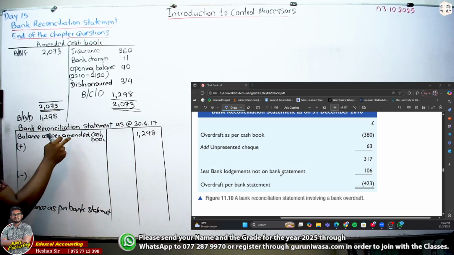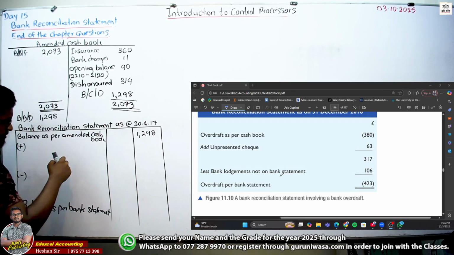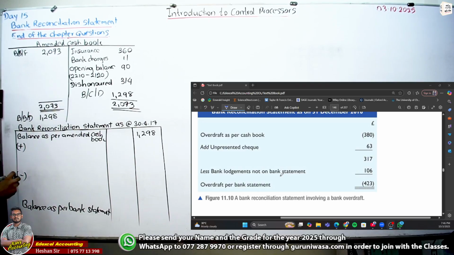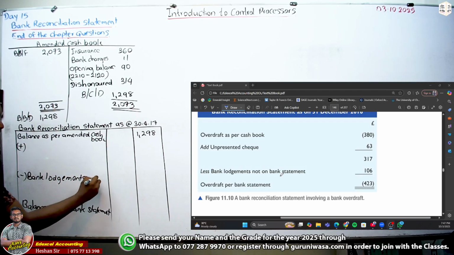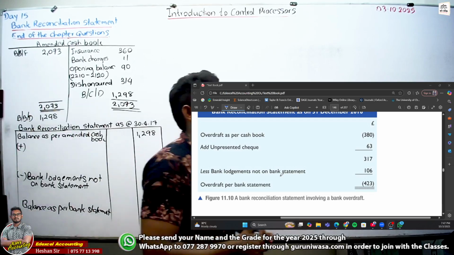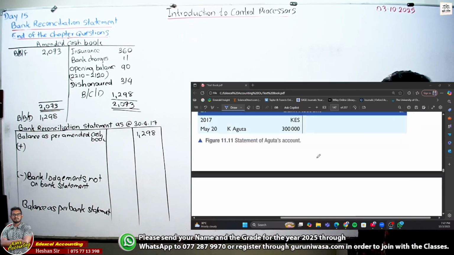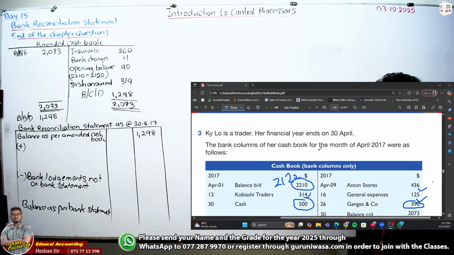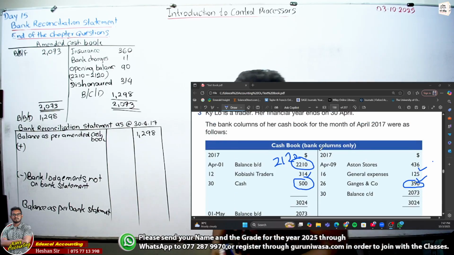So it's debited, added. So 100, here 90. So 100 minus 10. Bank lodgement not on bank statement. How much? You can see it's 500.